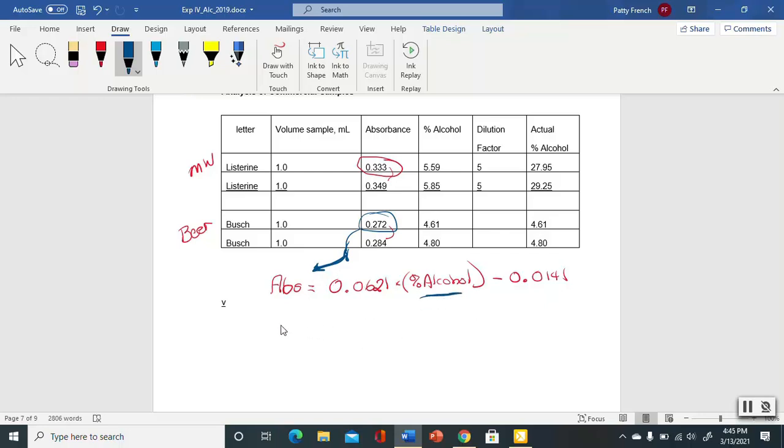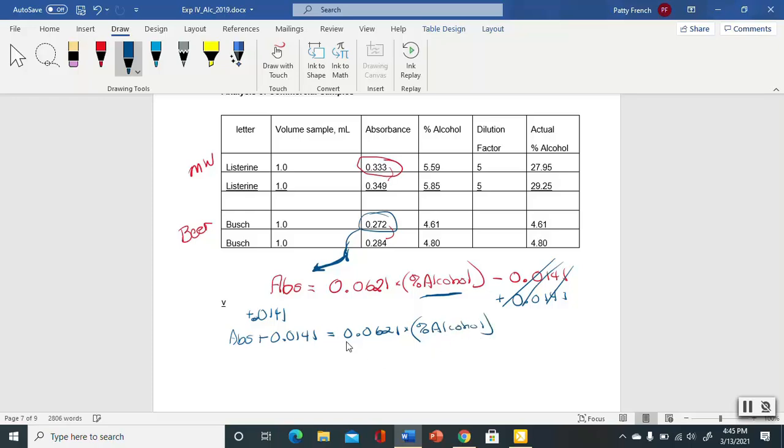But let's rearrange this equation so it makes it easier. First of all, we're going to add that same 0.0141 to both sides. That cancels this. So we get absorbance plus 0.0141 equals 0.0621 times our percent alcohol.